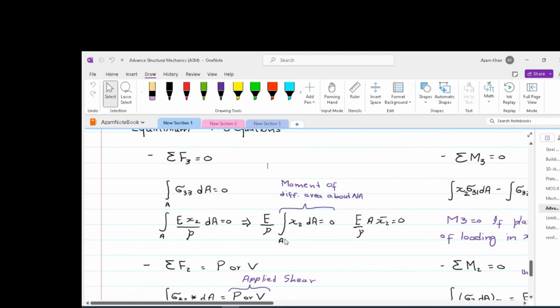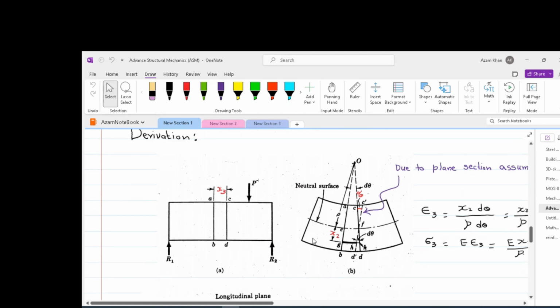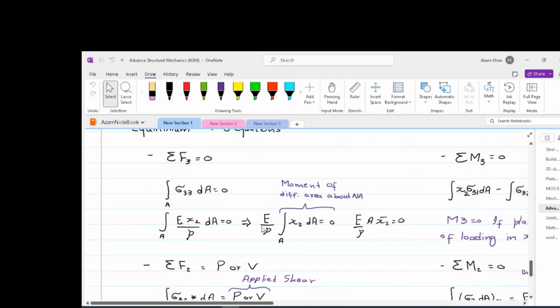Please note that any parameter which is not changing with area can be brought out of this integral sign. Modulus of elasticity, being the property of the material, is not changing with the cross-sectional area, so that can be brought out. Rho, which is the radius at which the neutral axis bends, is constant for a particular cross-section. Rho does change as we move longitudinally, but rho doesn't change when we are moving along the cross-section area. So therefore, these both are brought out.